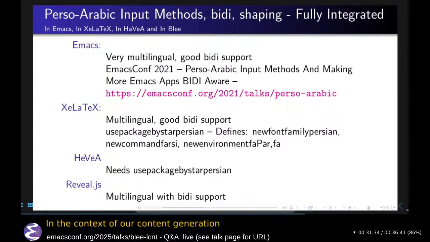In the context of our content generation, these need to span all relevant tools, not just Emacs. For Emacs, I have created my own input method called Farsi Transliterate Banan. My EmacsConf 2021 talk was about that. Now let's look at some examples and spice it up a bit with semantics.